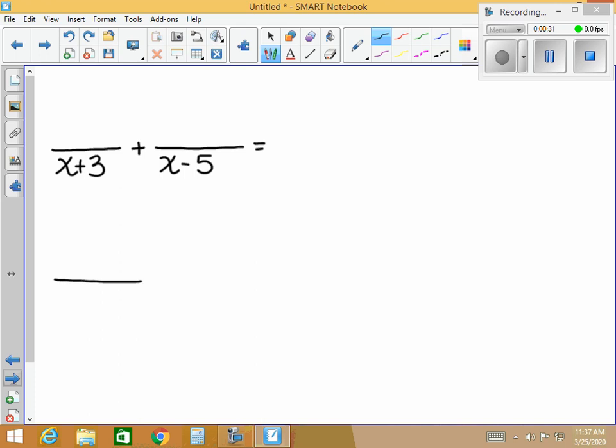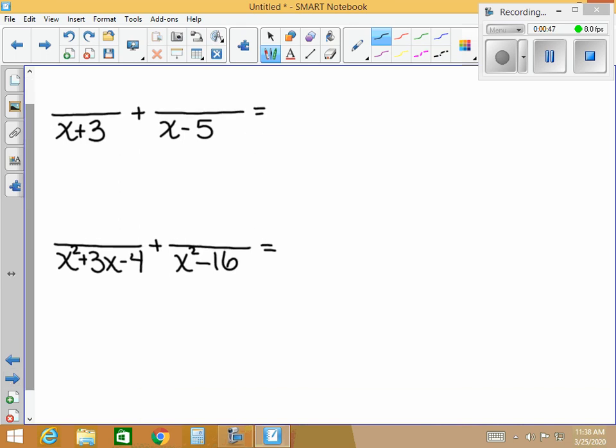Maybe the two denominators are x squared plus 3x minus 4 and x squared minus 16. Maybe the denominators are x squared plus 6x plus 9 and x squared plus 5x plus 6.